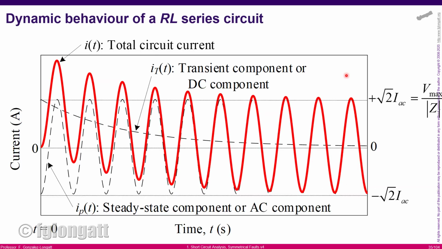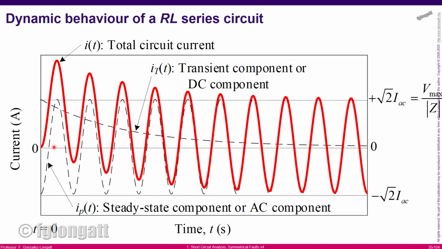Okay. Here in this plot, probably you can see much better. In red color, we have the full current. In this segment over here, you have the steady state component, or what we call the AC component, and this exponential that I am pointing out represents the DC component.